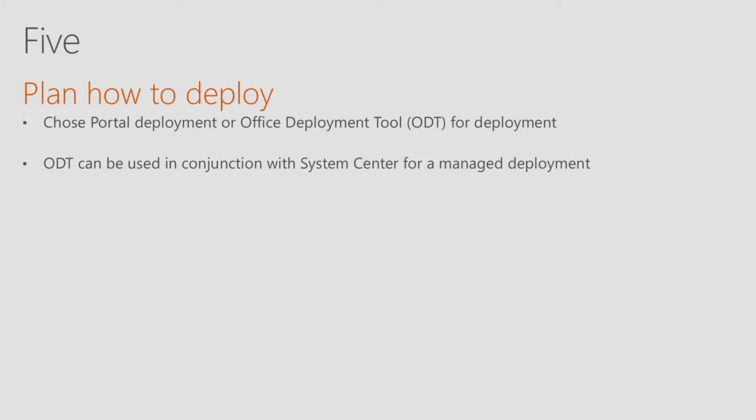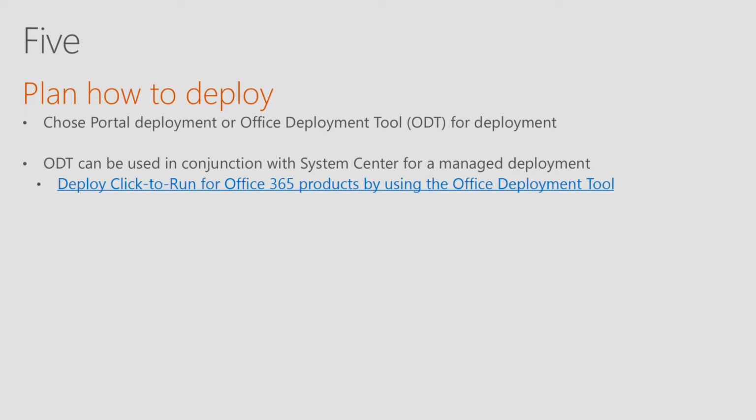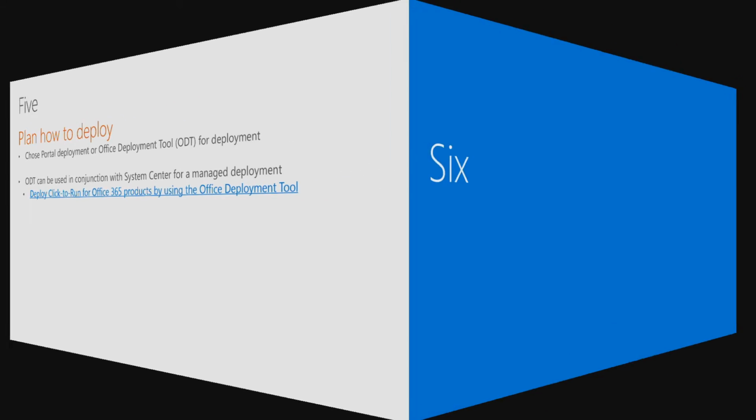And of course, this deployment tool can also be used in conjunction with System Center Configuration Manager. So you can use the tool to actually create a custom package, and the setup exe that actually distributes the software, that command line, can then be sent out through the config manager. And there are some details here at this link on how to go about doing that.